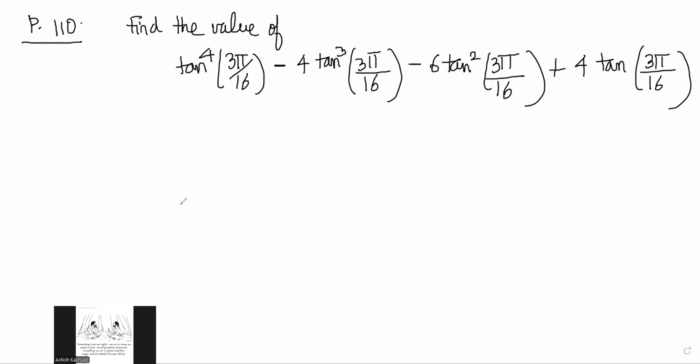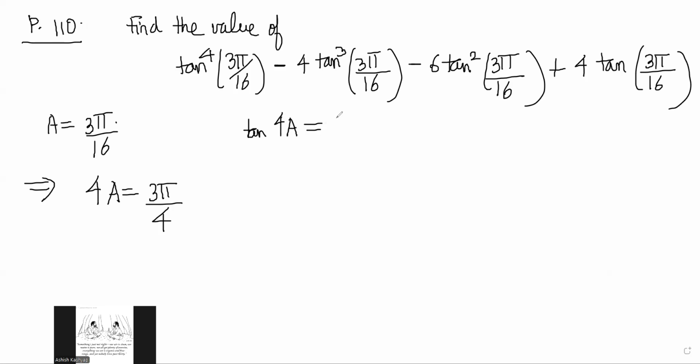If you think about it, this angle 3 pi by 16 is slightly awkward. What we can do is call it A, and we'll say 3 pi by 16 is A. So from here itself, we can say 4 times A is going to be 3 pi by 4, which is a better angle because now I can take tan here and get tan 4A is equal to tan of 3 pi by 4. And tan of 3 pi by 4 is minus 1.